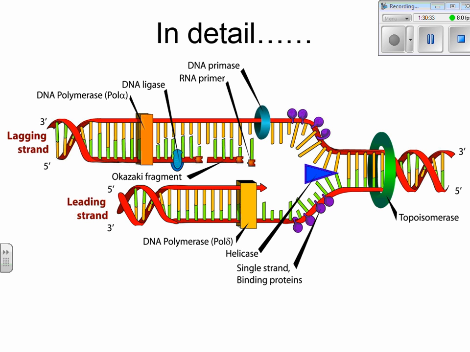Once they've been made, then you join it together with the ligase. And so that's described as the lagging strand. Lagging means it's slower. If you lag behind, you're behind other people. So leading and lagging. So that one is copied faster than this one, not surprisingly.